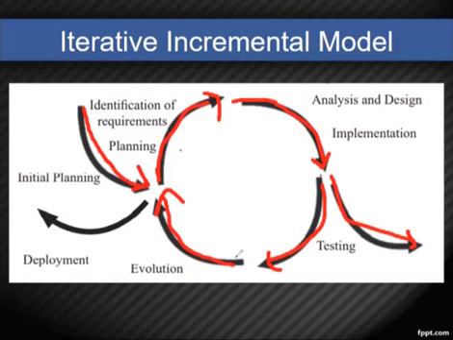This model does not develop the whole system at once, like the waterfall model. Each and every stage has to be shown to the user, who gives feedback, and then it is incremented again. So this is suitable for large systems because there is high user involvement.